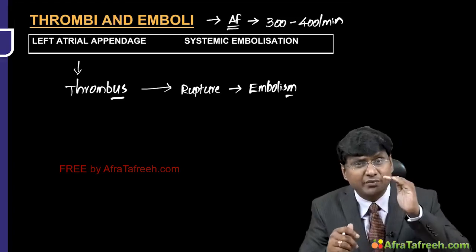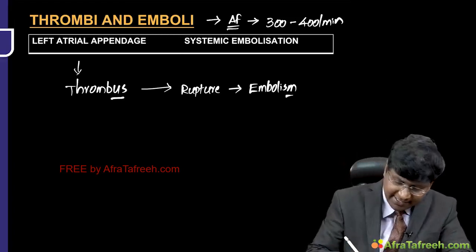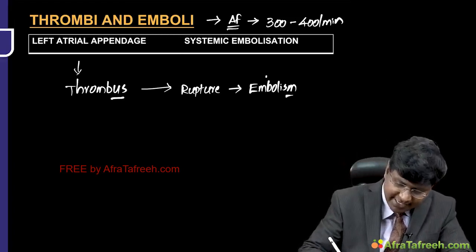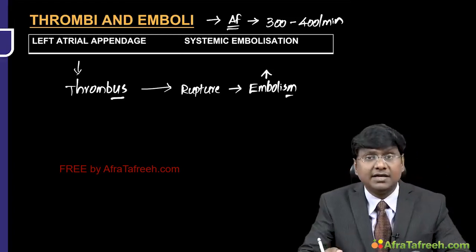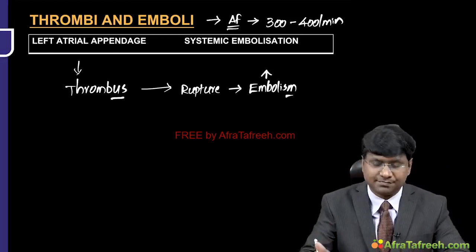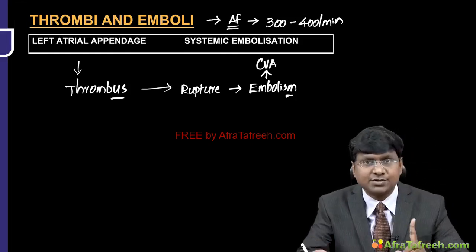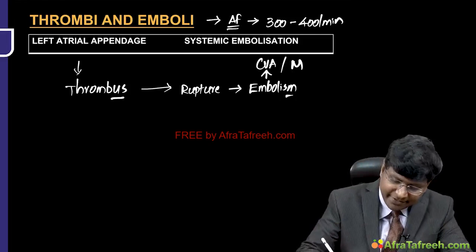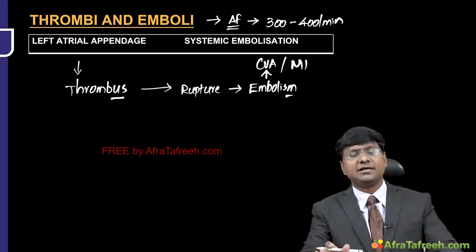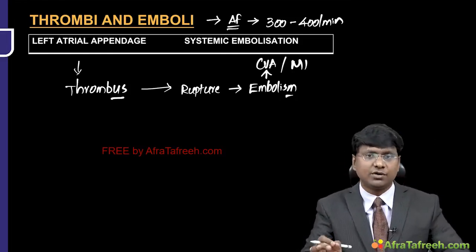What we are very much worried about is, if this embolization enters the important circulatory systems, there can be development of cerebrovascular accident if the emboli enter the cerebral circulation. There can be development of myocardial infarction if the emboli enter the coronary arteries.